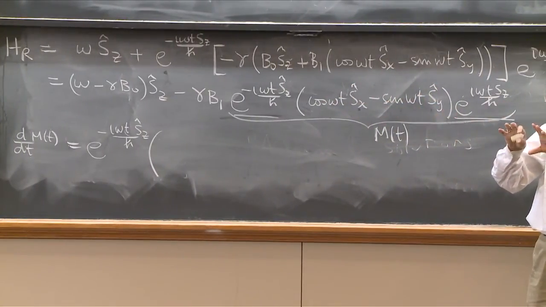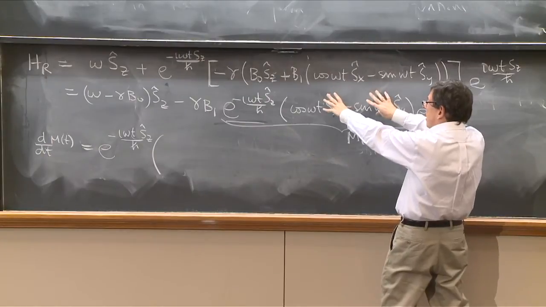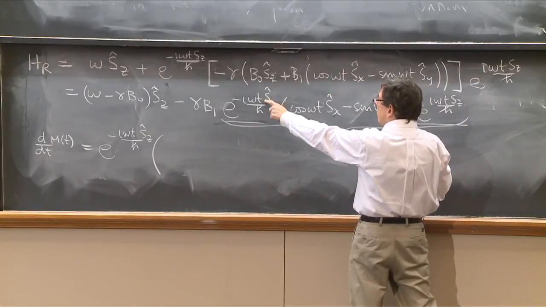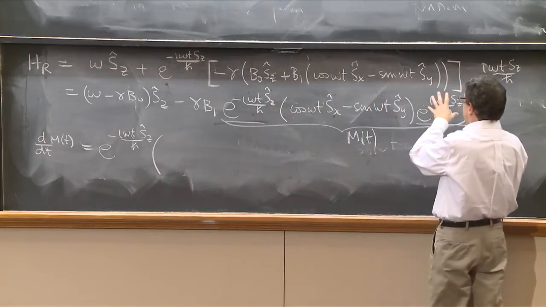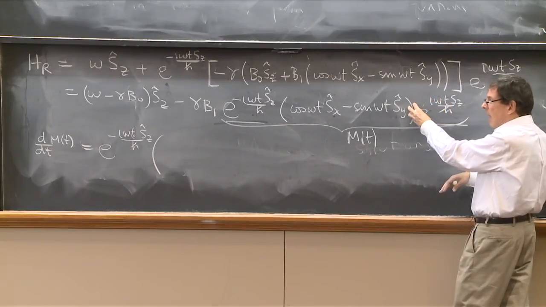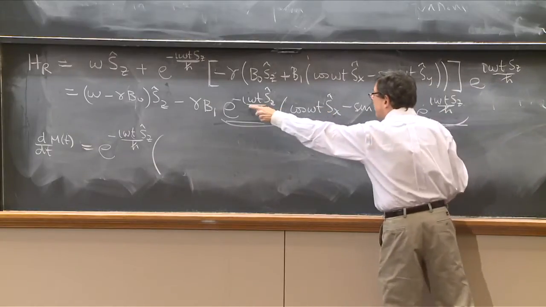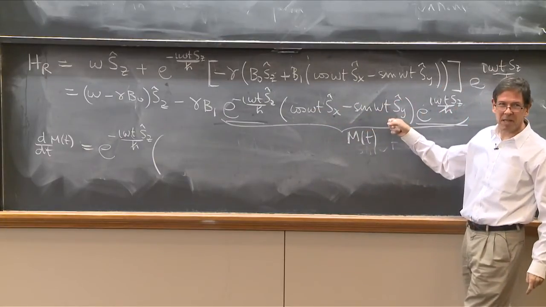You've been computing these things for coherent states, for squeezed states, and all that, so this will certainly sound familiar. If you take a time derivative of this exponential, it will bring an operator down, but with a different sign, and therefore it will form the commutator with the thing that is in the middle.